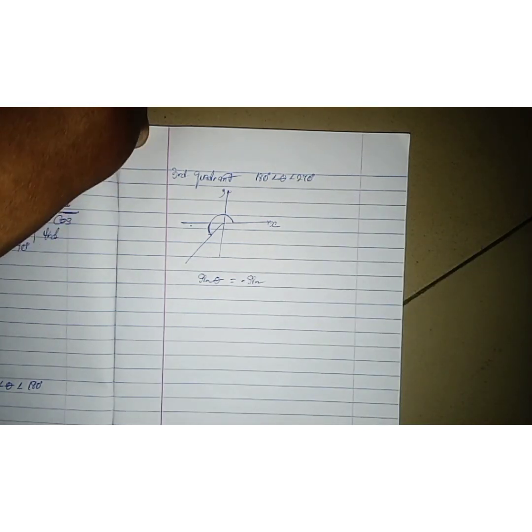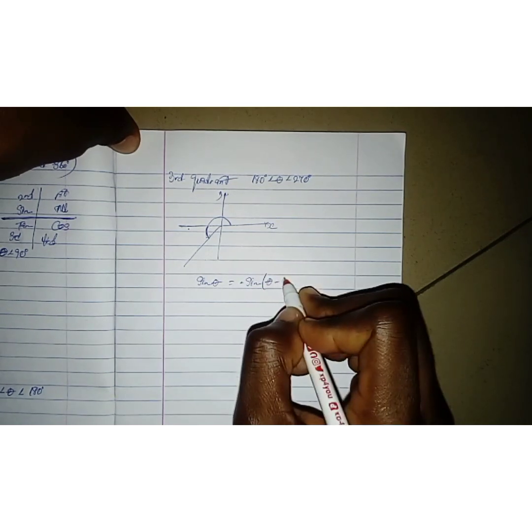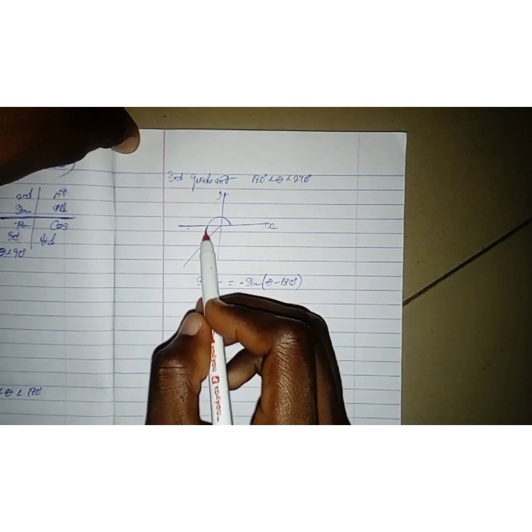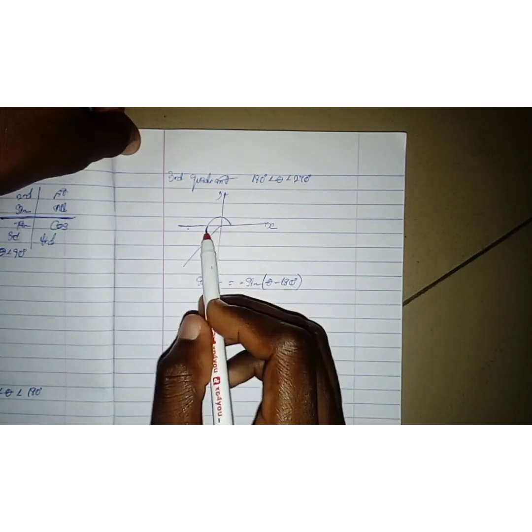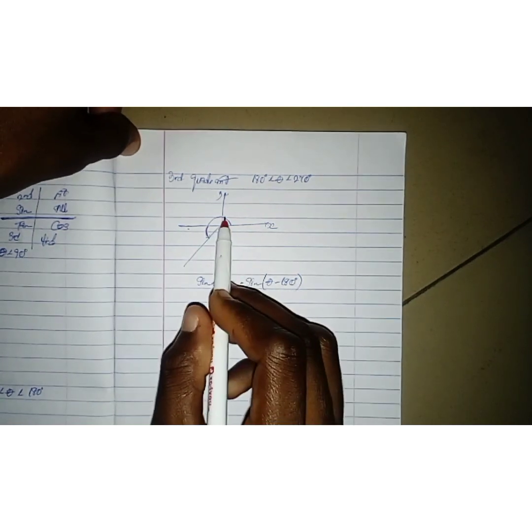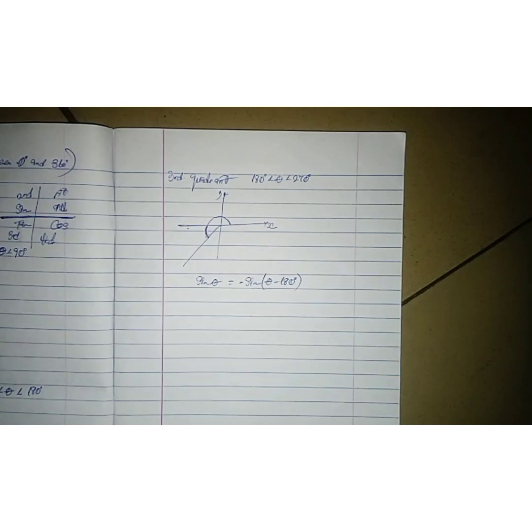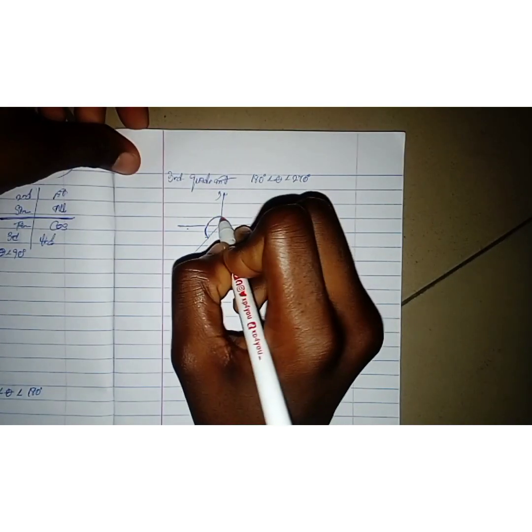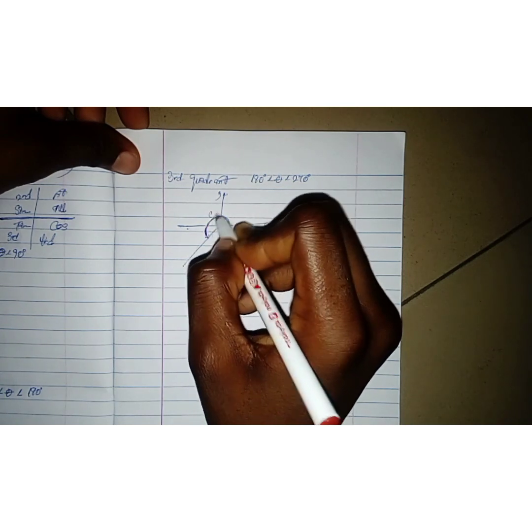So the angle there will just be theta minus 180 degrees. This is theta, the whole of this is theta, and the whole of this straight line is 180. So this would be theta minus 180.